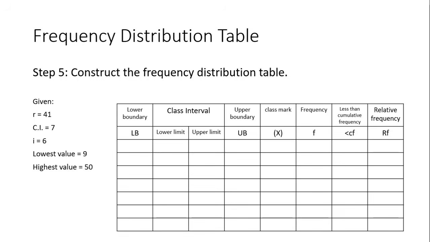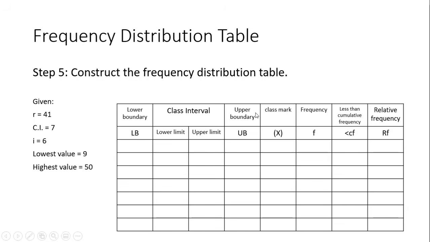Now, for our frequency distribution table, these are the essential elements. First column is referred to as your lower boundary, identified as your LB. And then this is the column for your class interval, which is divided into 2 parts: you have your lower limit and upper limit.